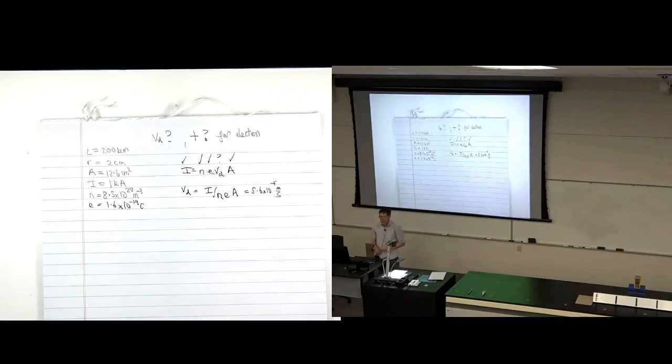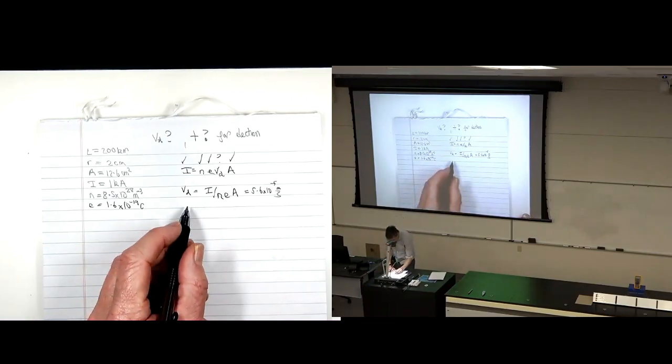It doesn't even go 10 microns, the size of the cross-section of your hair, in a second. This is worse than a snail. This electron is worse than a snail as it drifts down the wire. It's incredibly slow. So that's the first thing to recognize: electrons' drift motion, unlike their thermal motion, is very, very, very slow. Their thermal motion on everyday scales is very, very fast. So that's kind of interesting to know.